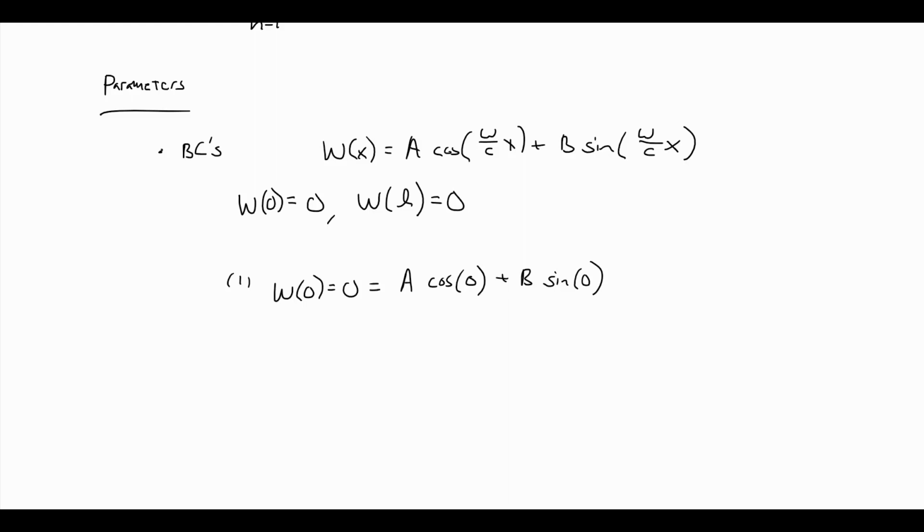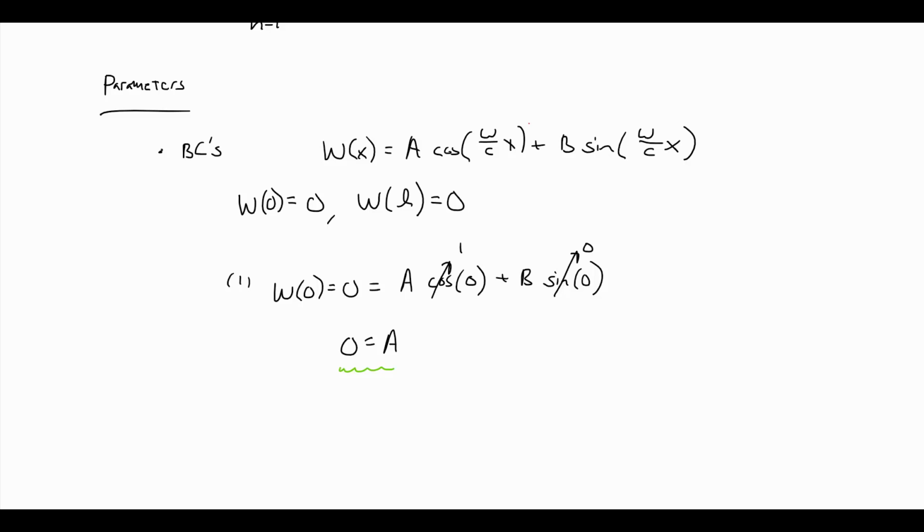So just plugging in 0 for x there, well, sine of 0 is 0, and the cosine of 0 is just going to be 1. So this tells us that a must be 0. So that's going to then satisfy that first boundary condition as long as that a coefficient is equal to 0.